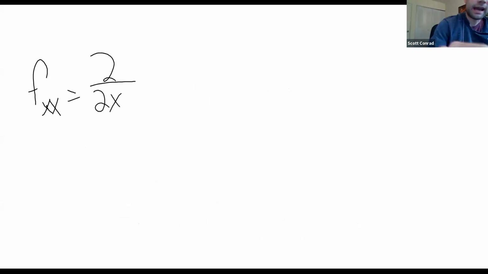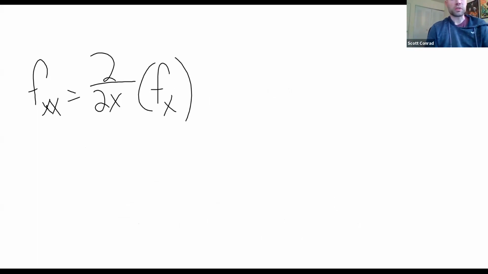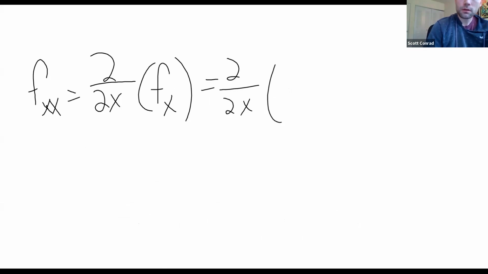So now that we have those, we can calculate the second partials. So f sub xx, that means we're taking the partial with respect to x of the partial with respect to x. So we're taking the partial with respect to x and then taking the partial with respect to x again.